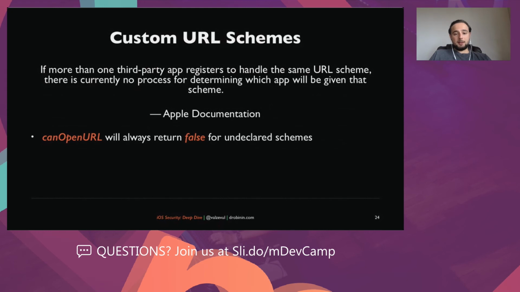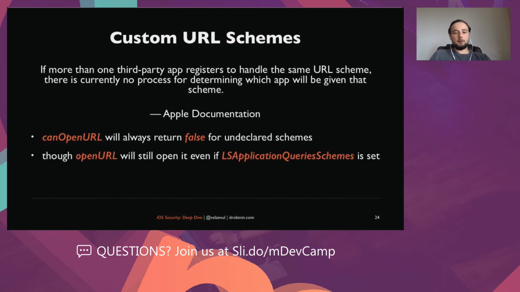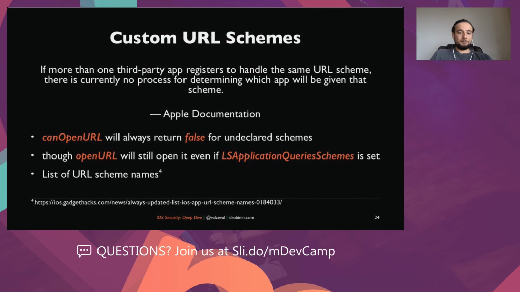If you work with the URL schemes, you can use canOpenURL to find whether the scheme exists, and that is pretty convenient. So if the scheme is not declared, it will return false, which means you have to specify which schemes you expect to interact with. And openURL will still try to open it even if the application query scheme is not set.